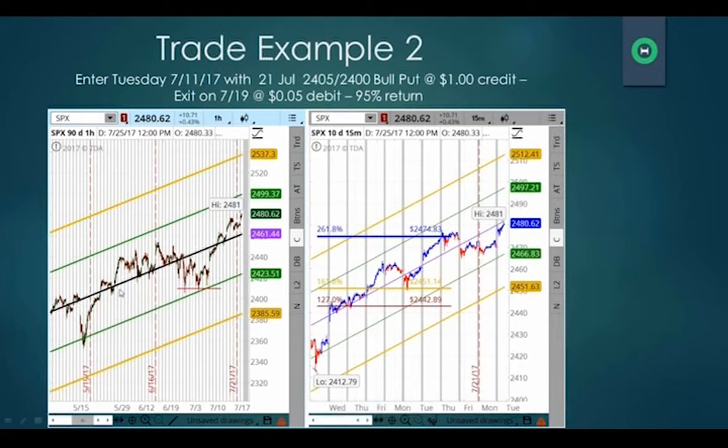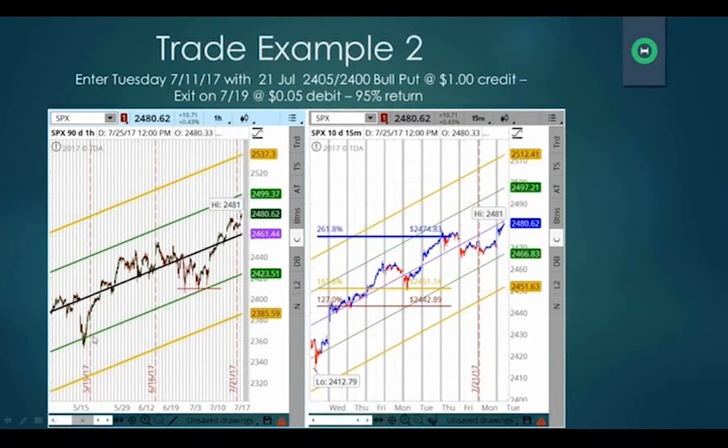Think of this regression line, the black line, as a very strong magnet. And this actually works opposite of gravity, because the further something gets away from that magnet, the harder it pulls it back. So this is an outlier.